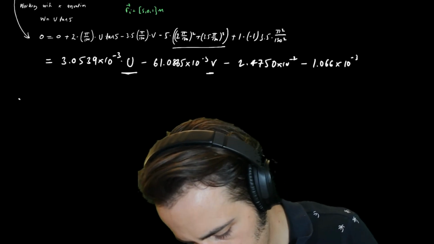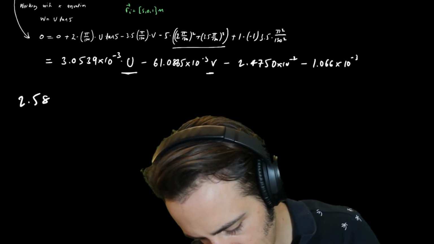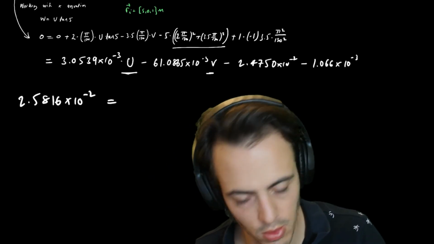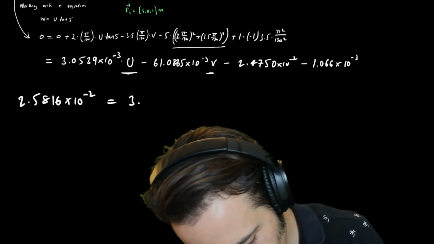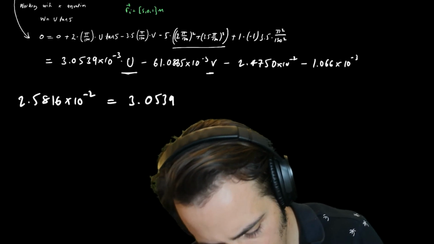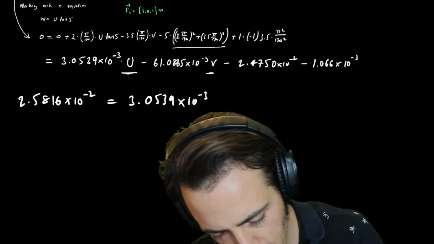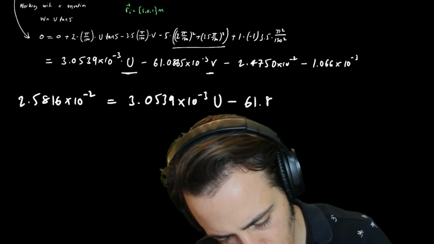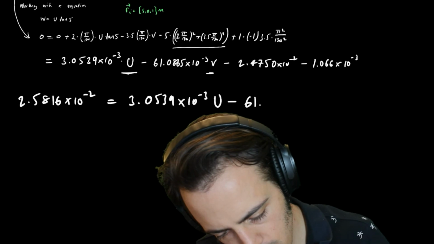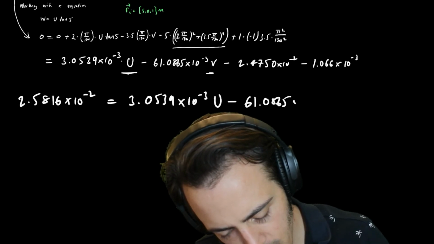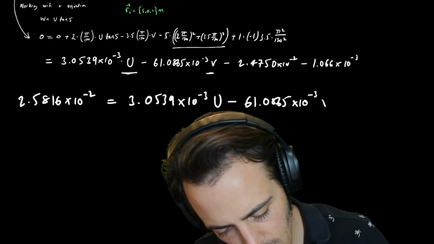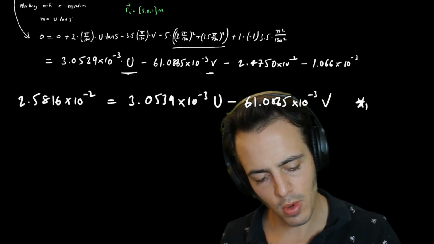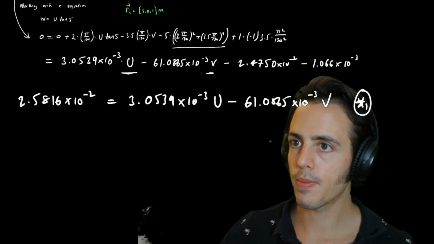It's going to be 2.5816 times 10 to the minus 2 is equal to 3.0539 times 10 to the minus 3 u minus 0.0865 times 10 to the minus 3 v. So we've got a relationship now, which I'm going to call asterisk 1, between u and v.